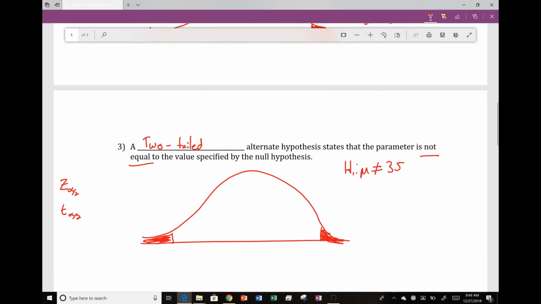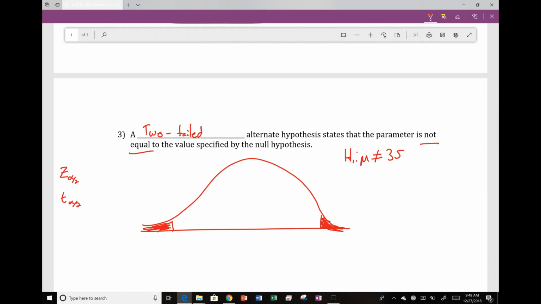The different ideas for a two-tailed test, of course, not equal to, different from.